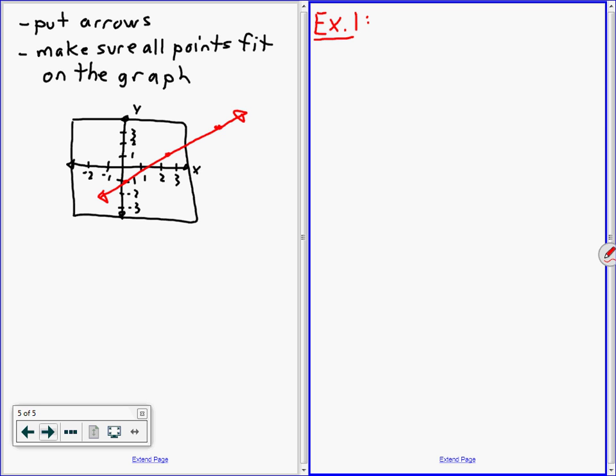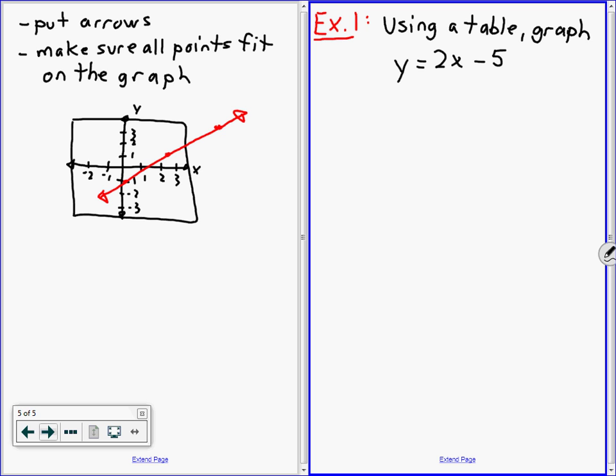Okay. Example 1, we're going to say graph using a table of values. So again, you've done this last year, I'm going to do it with a table.